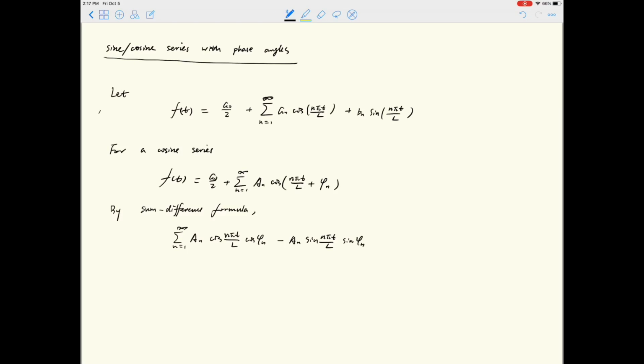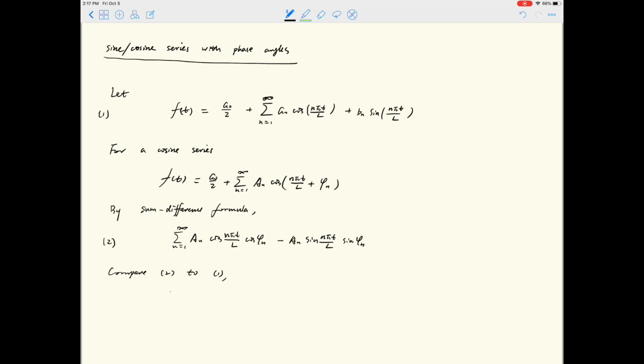Now this series, let's call this 1, let's call this 2. So the summation in 2 has to be the same as the summation in 1, right? So now compare 2 to 1, they have to be the same.